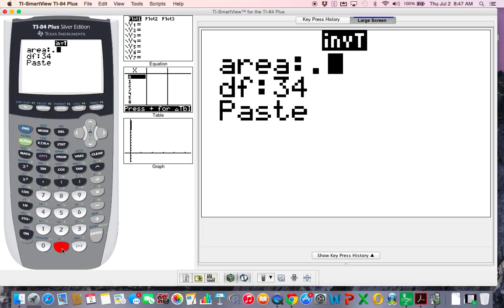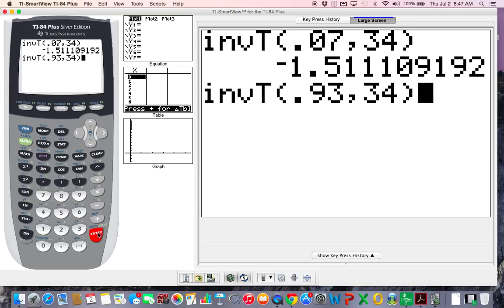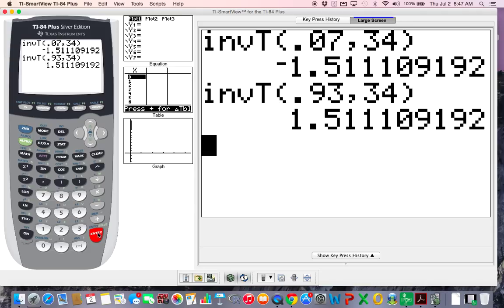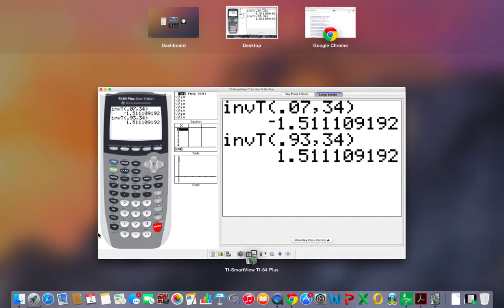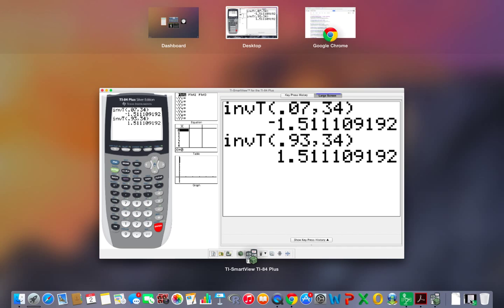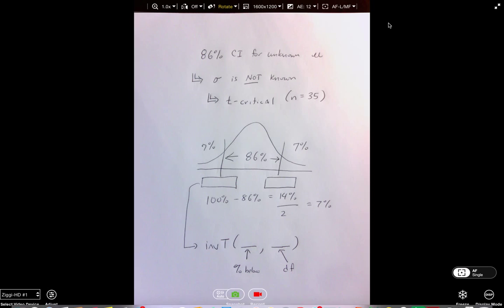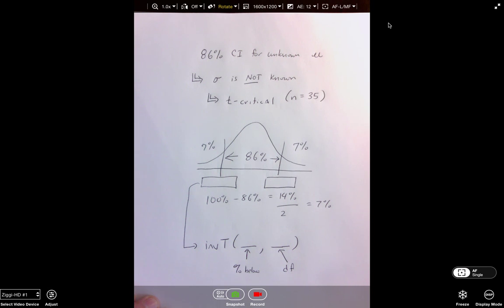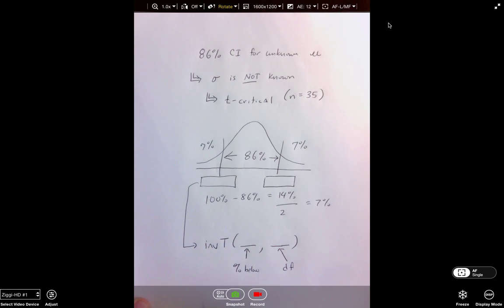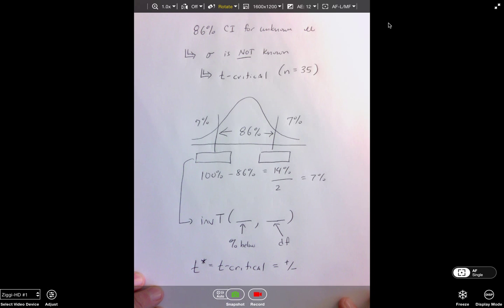But if I put 0.93 there, degrees of freedom 34, paste, you'll see that I'm just going to get the positive of the 1.51. But because of symmetry, we know that. All right, so gang, what we know here is that the t critical would be plus or minus, well, I forgot.